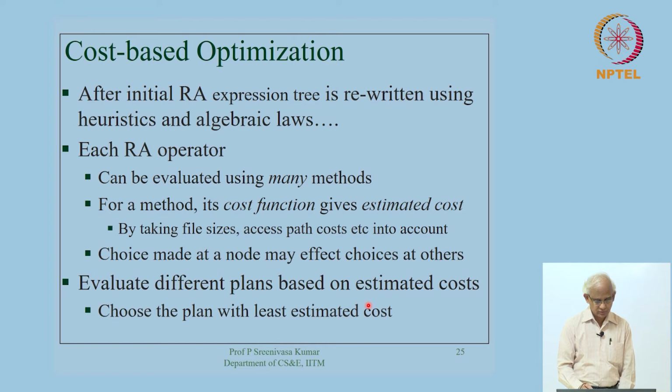That is the cost based optimization. And these optimizers can actually sometimes go horribly wrong also, because you are basing decisions on estimates. We do not really know how the data is.